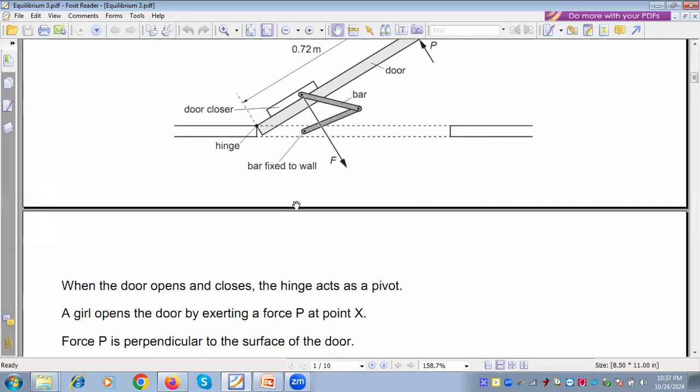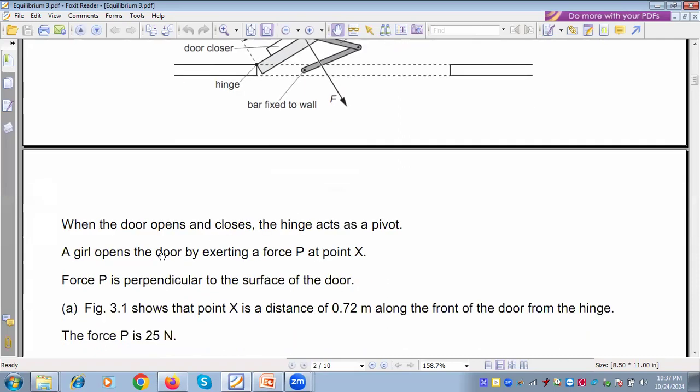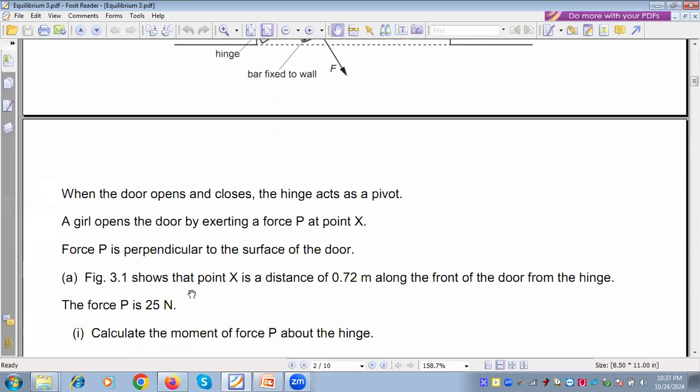Hinge is acting as a pivot. The force P is perpendicular to the surface of the door. So the point X is at a distance of 0.72 meter along the front of the door from the hinge. The force P is 25 Newton.